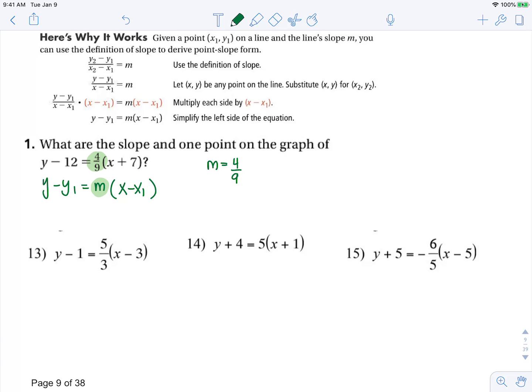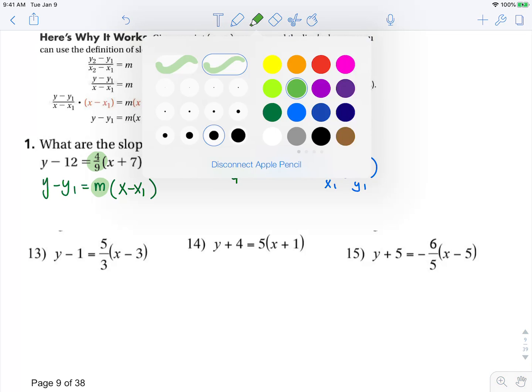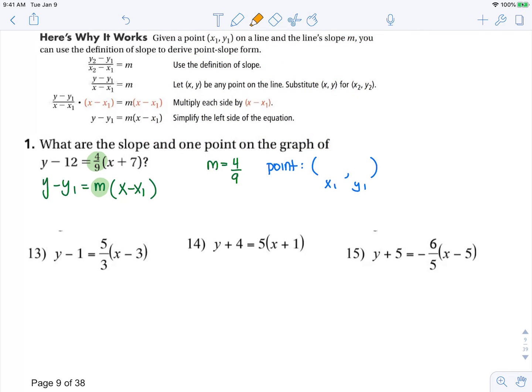m equals 4/9. And now I need to find my point, which is going to be x1 and y1. So right here I see we're subtracting 12, so that means that y1 is 12.